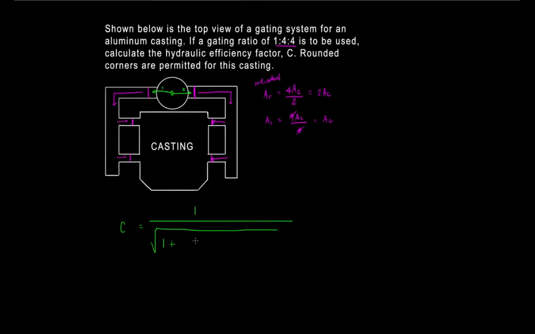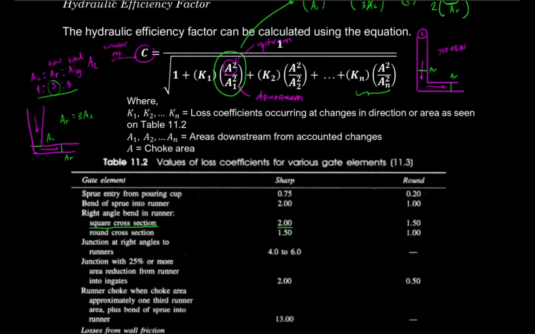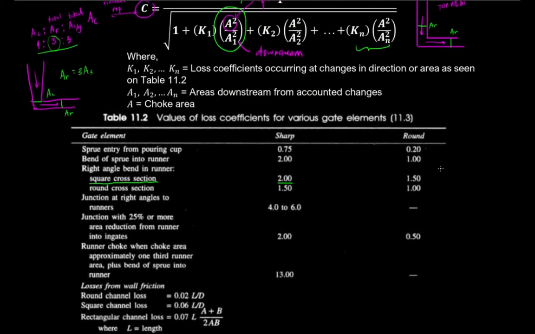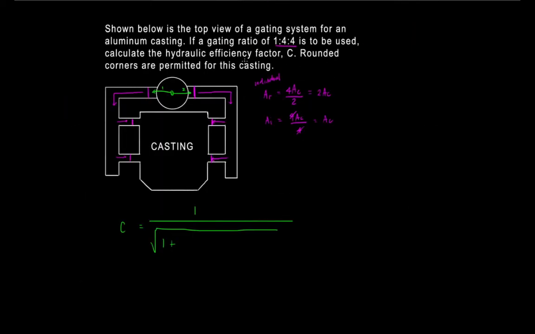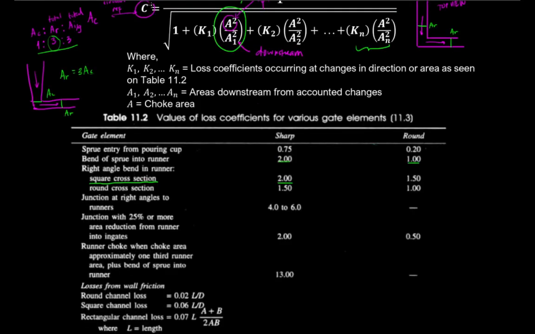Okay. So we have K1 here. This is a bend from sprue to runner, and if you look at the table, the right angle bend of sprue into runner is equal to 2 for sharp and 1 for round. Since the problem states that we can use rounded corners, we use the rounded values. So the bend of sprue into runner is 1.